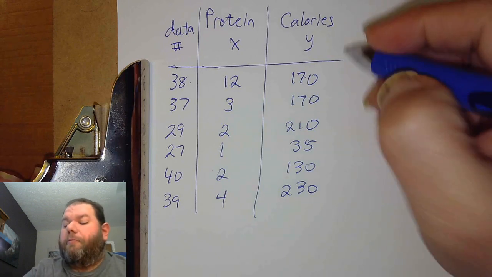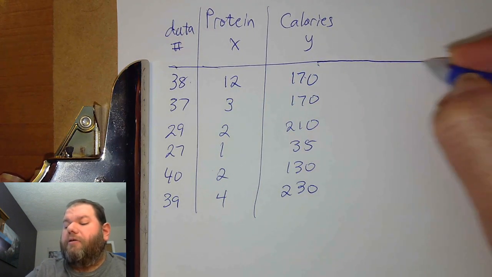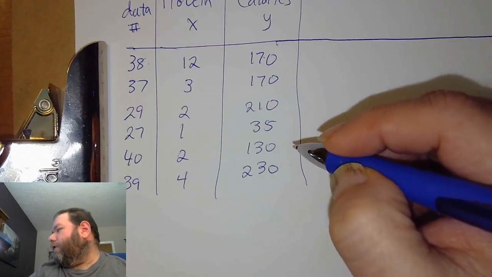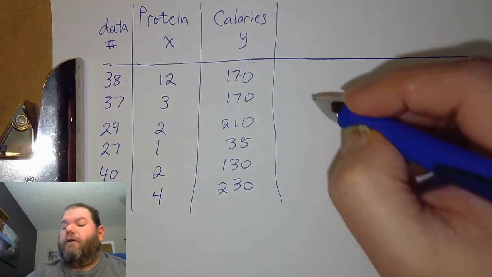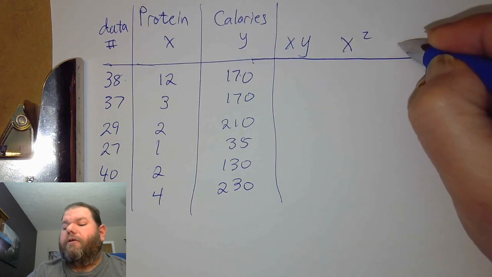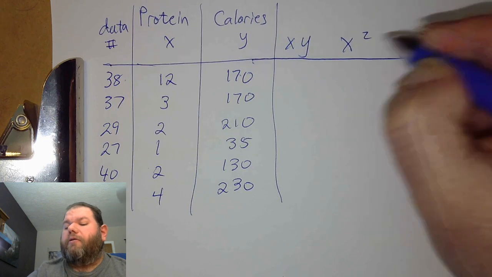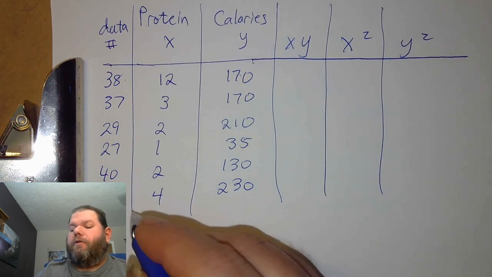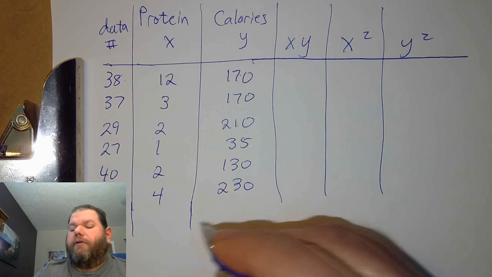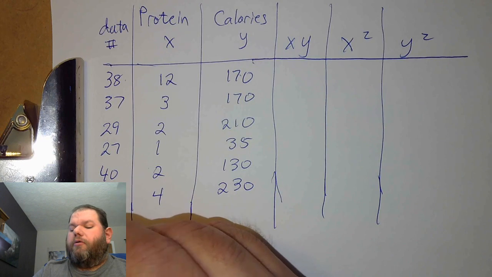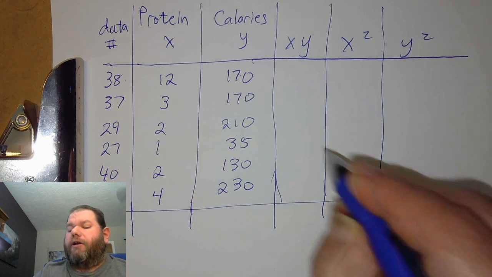Now, I'm going to expand this table, as we also need to find x times y, x squared, and y squared. And then at the end, we'll have to add each column together.